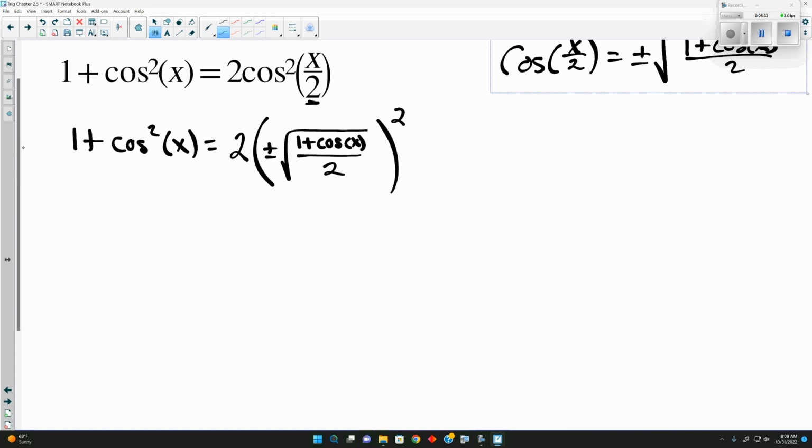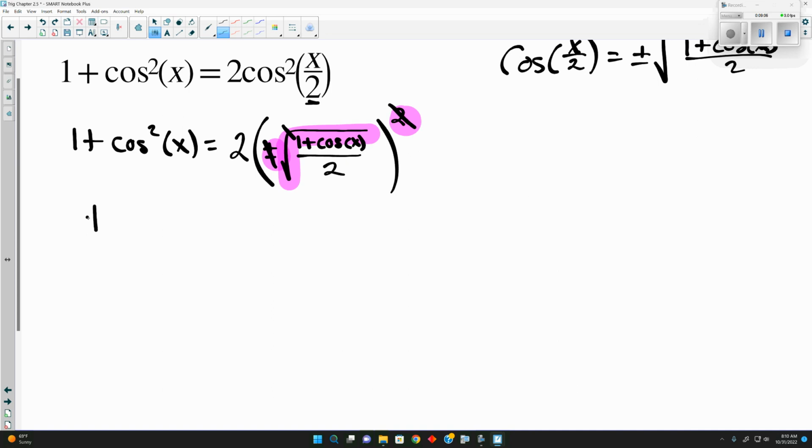Now what's interesting here is that when we square a positive number, positive times a positive is a positive. If it was negative, a negative times a negative is a positive. So this square and the square root do cancel out, and it also simplifies out the plus or minus, which is kind of convenient.